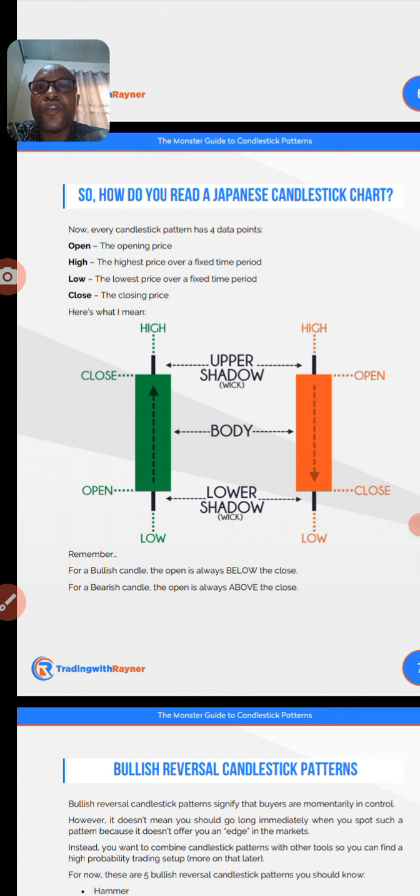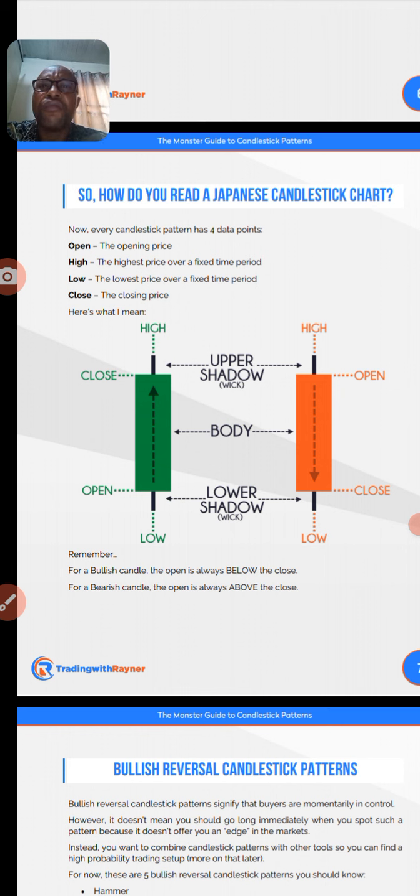And that's why the opening of a bearish candle starts from up. And the high is where the market rallied to before sellers came in, being the bear. They came in and started dragging price down. And the closing of a bearish candle, which is the red one, is usually at the bottom.